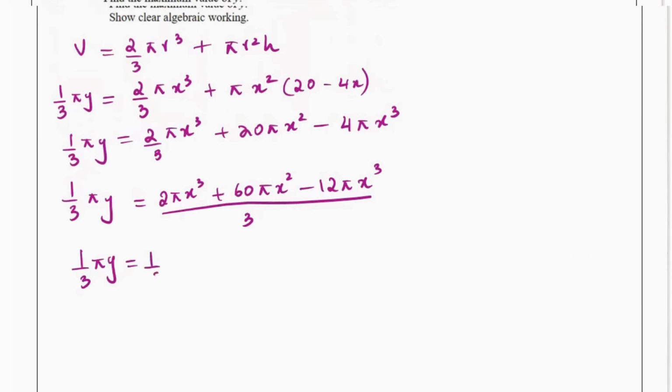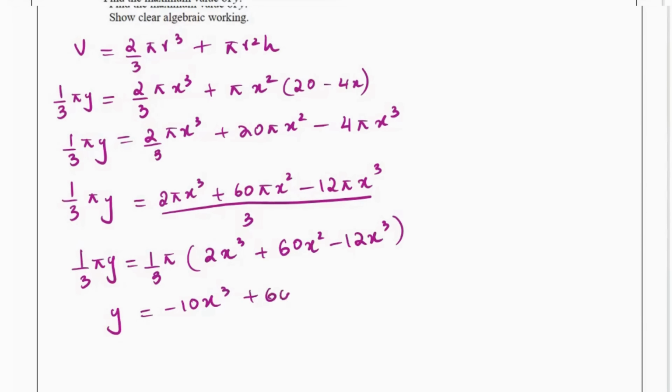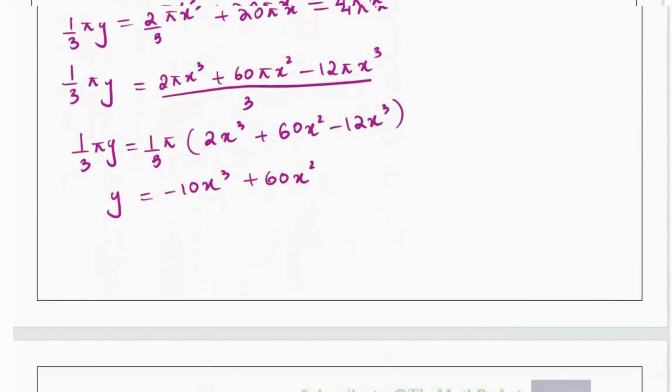If we take 1 over 3 pi common, that's going to give us 2x cubed plus 60x squared minus 12x cubed in the bracket. 1 over 3 pi gets cancelled out and y equals negative 10x cubed plus 60x squared. They want the maximum value of y, so we differentiate y with respect to x. dy by dx equals negative 30x squared plus 120x.